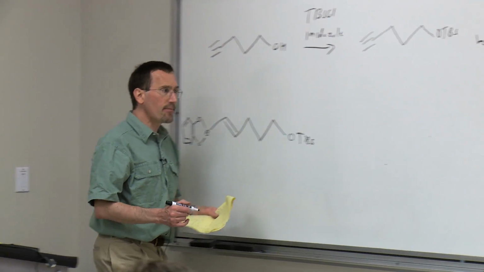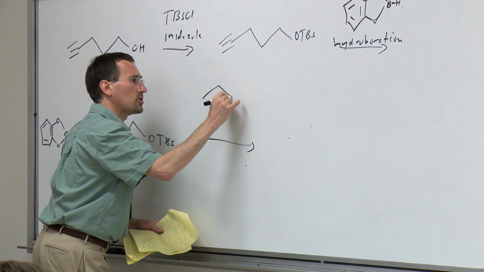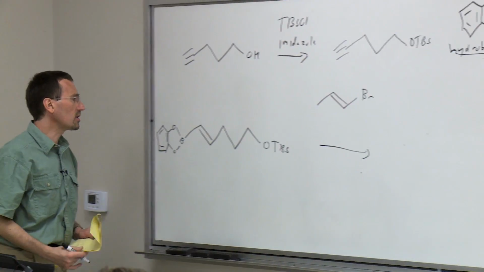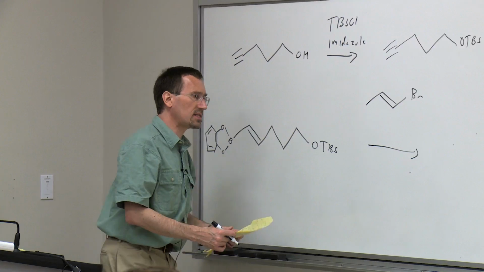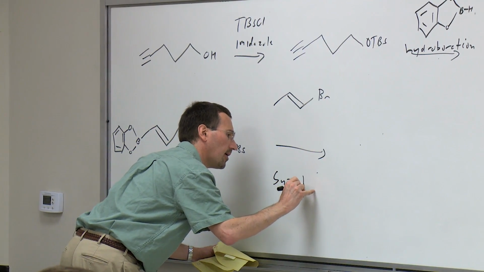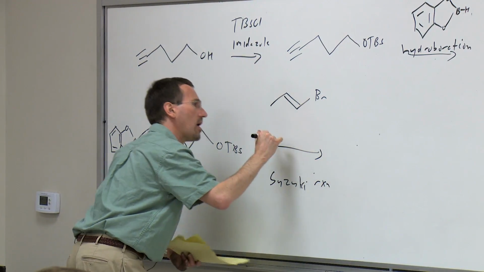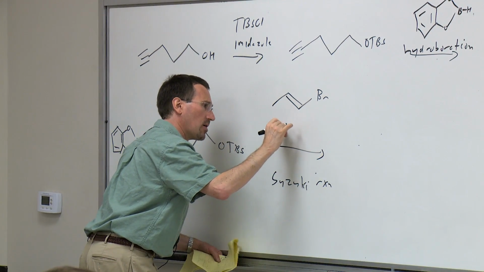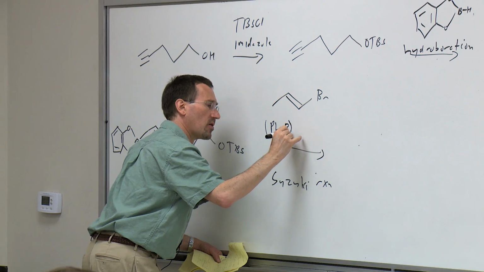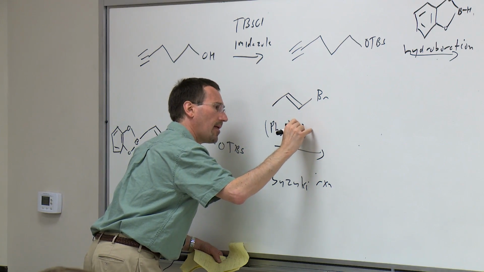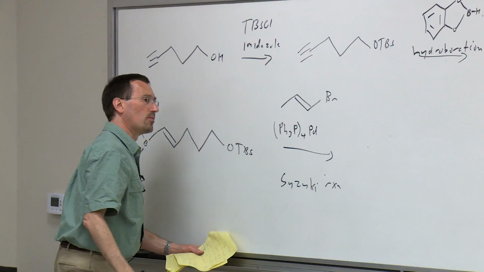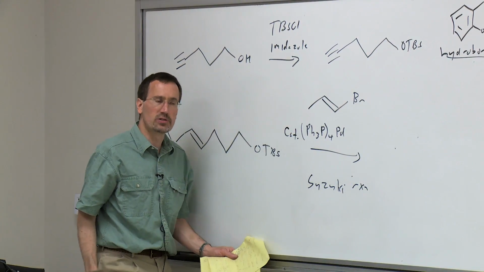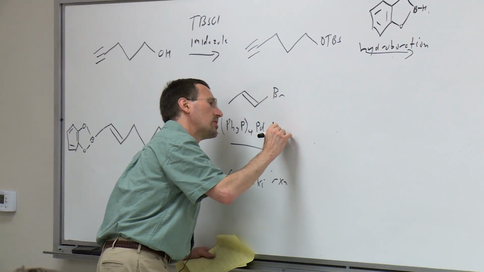And then the key step here is a Suzuki reaction. So we're going to take propenyl bromide, and we're going to do a Suzuki cross-coupling where we treat the mixture of the organoboron compound, the vinyl borane, and the vinyl bromide with tetrakis(triphenylphosphine)palladium, a catalytic amount, and sodium ethoxide.